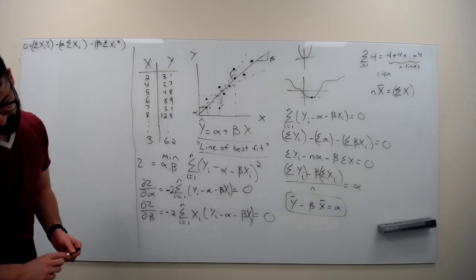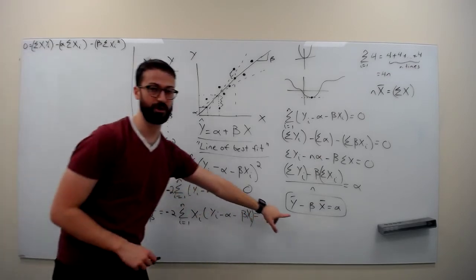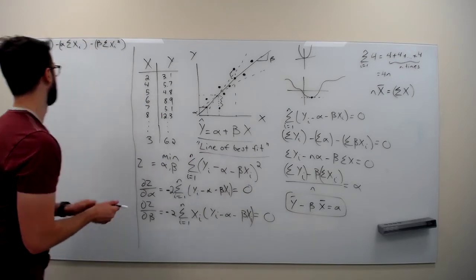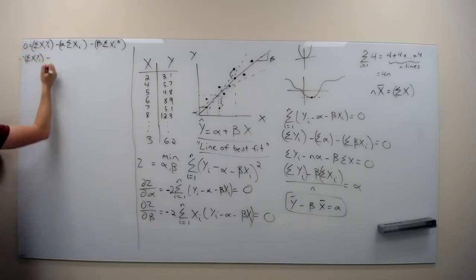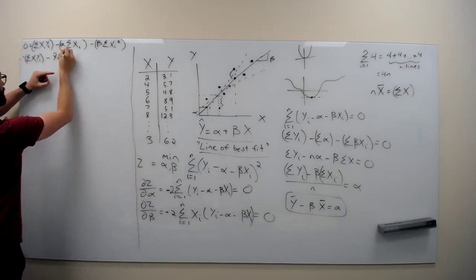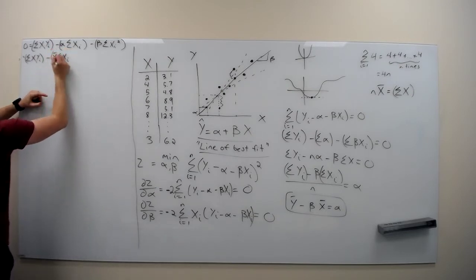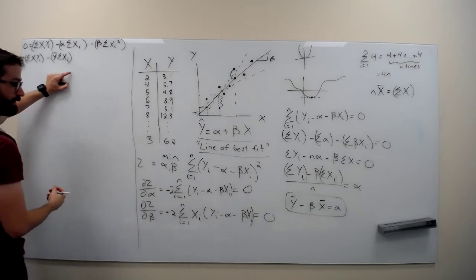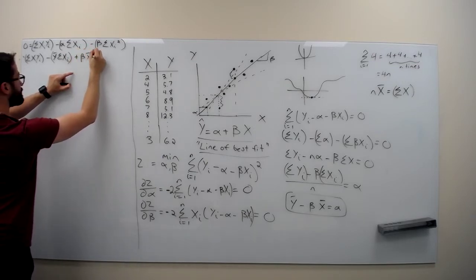What we want to do now, well, we've solved alpha in terms of beta over here, so we're going to want to plug that in. So let's do equals sum of xi yi, minus y bar sum of xi. I can put y bar outside of the sum because y bar is just a number. It could be like 3.2, it's just the average of y, plus beta x bar sum of xi.